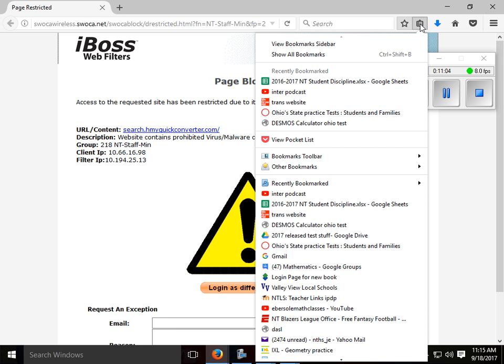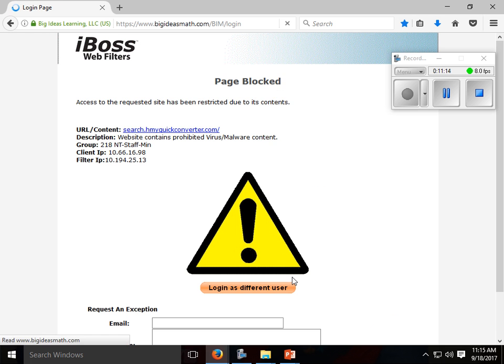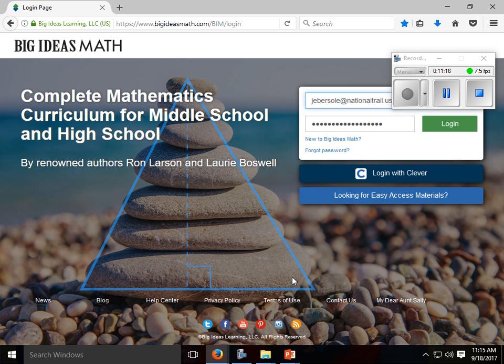I actually have it on my favorites here somewhere. There it is. I'm already logged in, but where it says to log in, if you're new, you go there because you haven't logged into it yet.